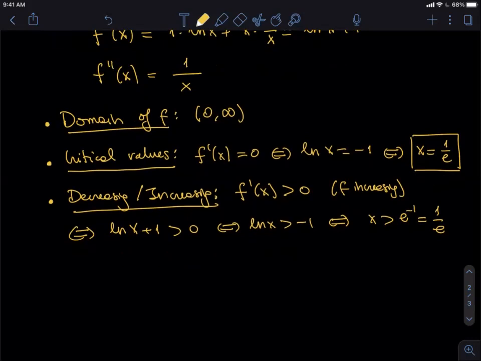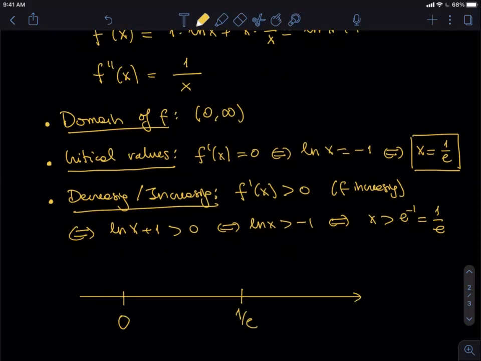Okay, so here we are ready to do a sign chart for f. Remember that we are only concerned about x in the domain. So we will have to take 0 here, then 1 over e, and we will only care for the values towards infinity.